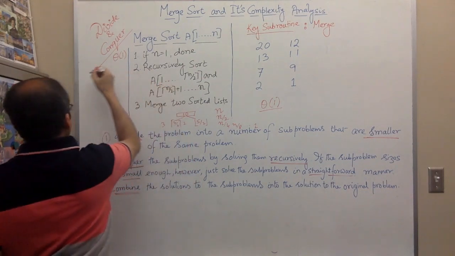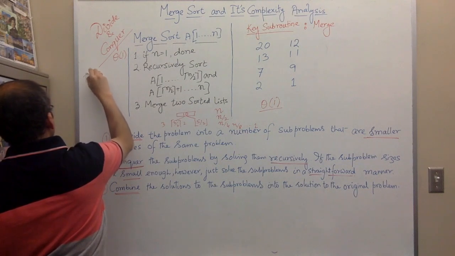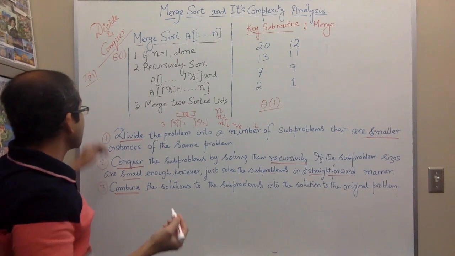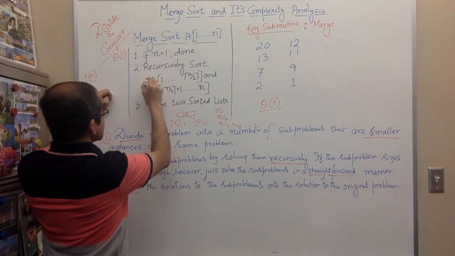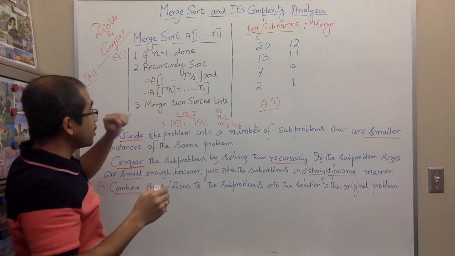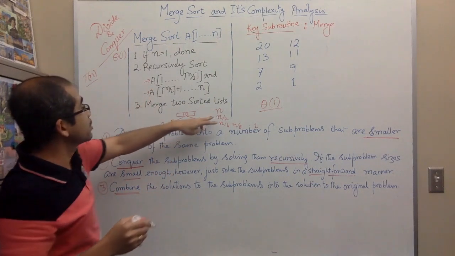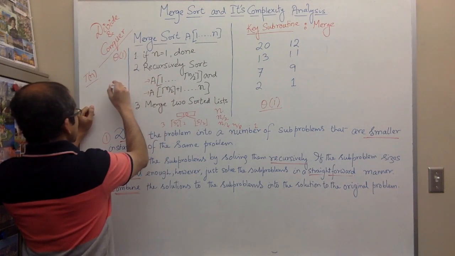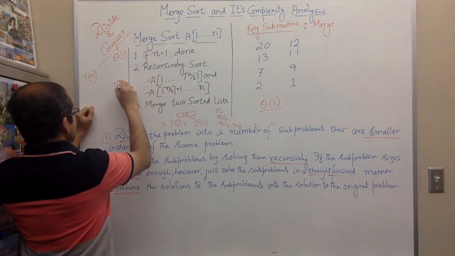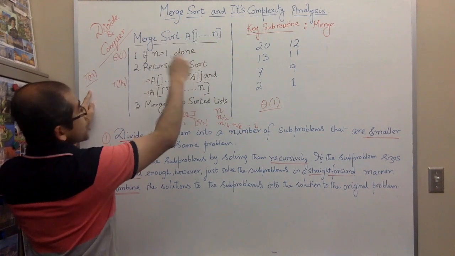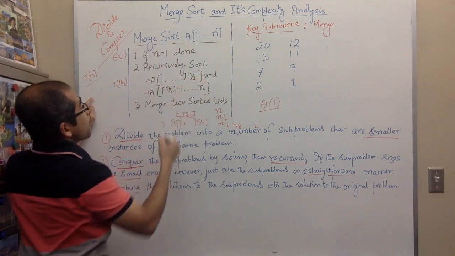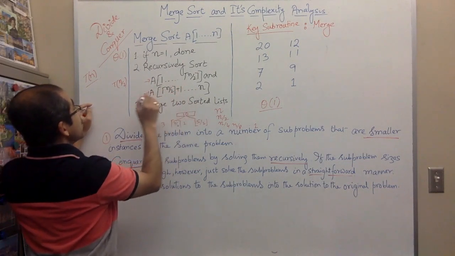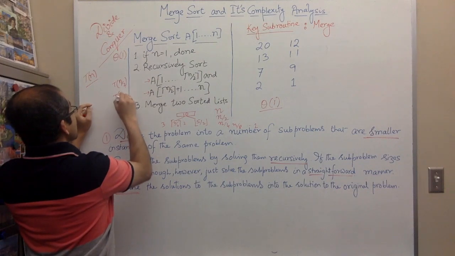Now, how I'll write this when I do the time complexity analysis: I consider the time complexity of merge sort to be T of n, because n is the input size. Now when I input a sub-problem of half size, like I showed you, n by 2, then there are two sub-problems. If the whole problem with n elements takes T of n time, then the sub-problem with n by 2 elements will take T of n by 2 time, and then there is another sub-problem with the remaining elements.